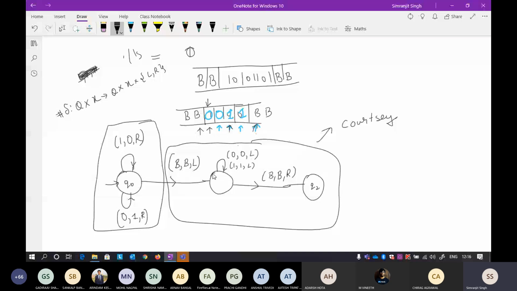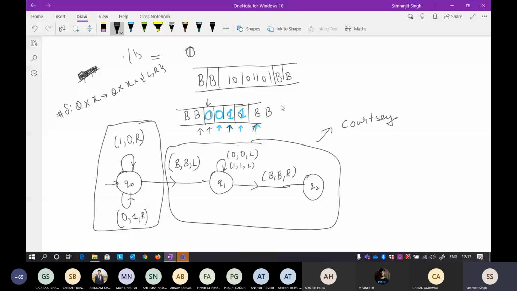So either it's a 0, you move it to 1, or it's a 1, you keep it 0, and then keep moving right. Then you will find a blank, and either you will move left or right, or you can go to the final state if you want to. There is no problem if there is no final state in the Turing machine, because in most questions there will not be a final state.